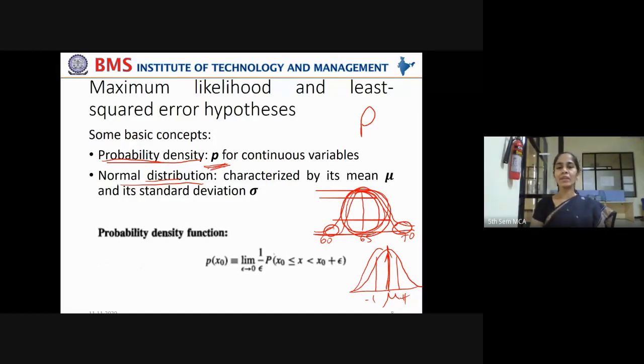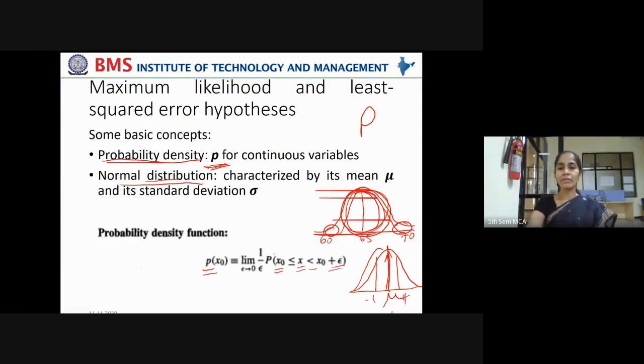Now, how do you represent the probability density function in mathematical form? Did you observe here? We are using small p instead of capital P. Now, the probability density function, p of x naught, can be represented as the limit epsilon tending to 0 of 1 by epsilon multiplied by the probability of x naught lesser than or equal to x lesser than x naught plus epsilon, the error associated with it. Error should always tend to 0. Your objective should be to reduce the prediction error to 0.